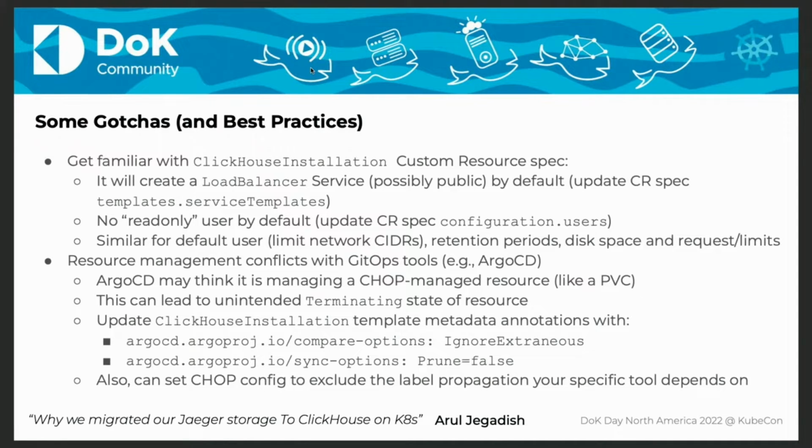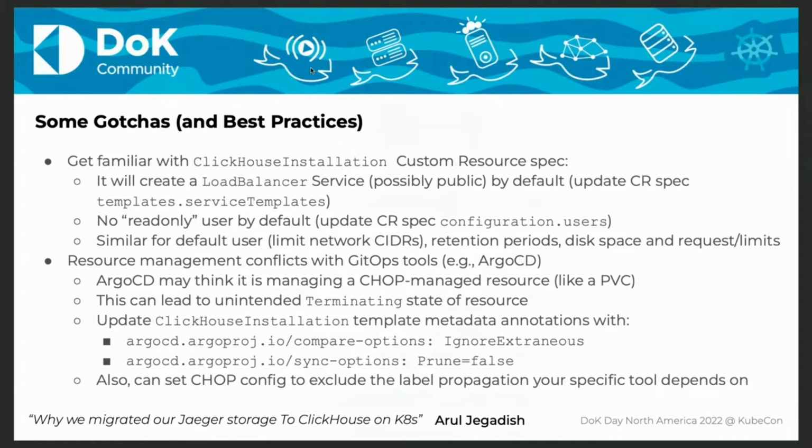The other thing is you may want to create a read-only user, because if you are going to visualize your ClickHouse data on some visualization tool like Superset or Grafana, having a read-only user helps. So you may want to change the configuration to create a read-only user. Similarly, some basic changes like changing the retention period, disk space, and requests and limits for resources are things that you may want to change.